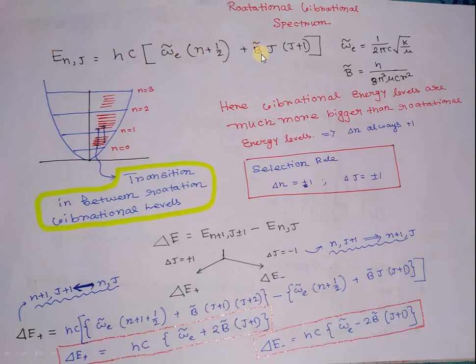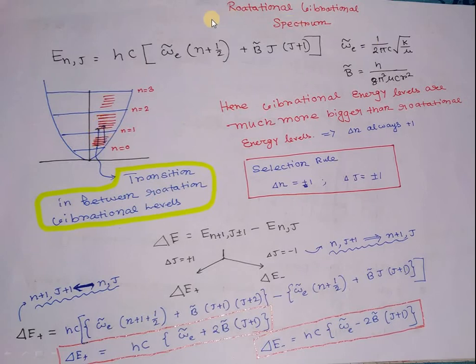So the expression of this B bar will be like this: h by 8 pi square mu c r square. So here you have to remember that the vibrational energy levels are much bigger than the rotational energy levels. So you can see that the separation between two successive vibrational energy levels is much higher compared to the rotational energy levels.